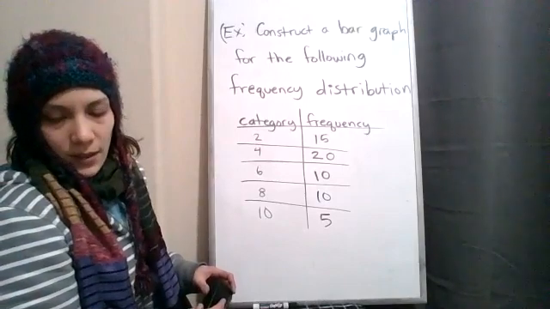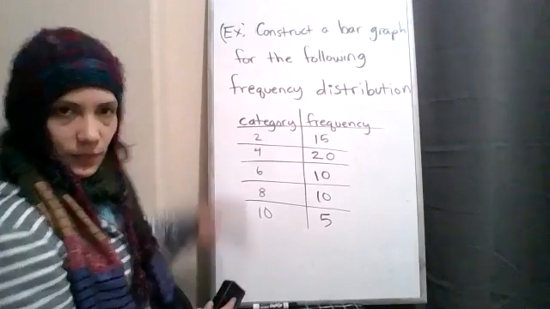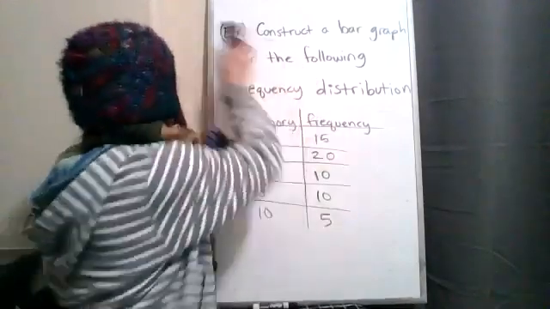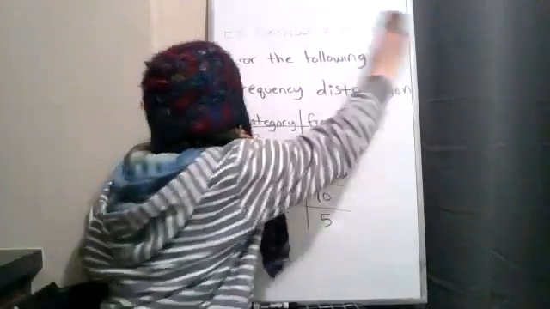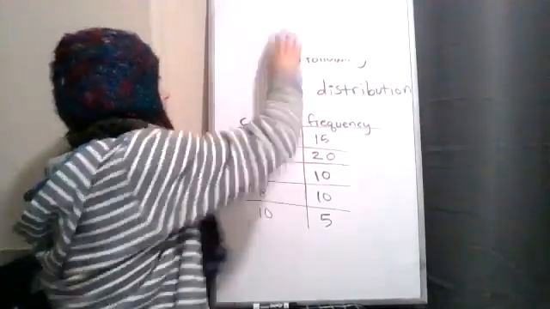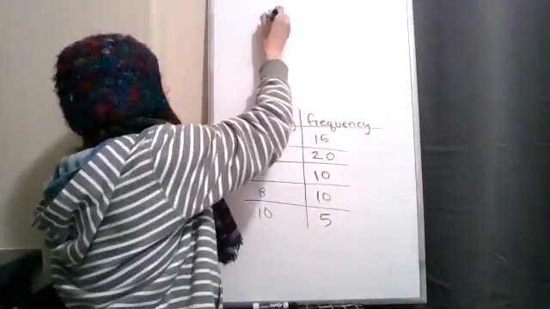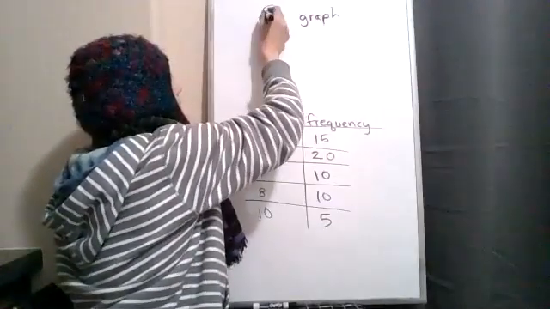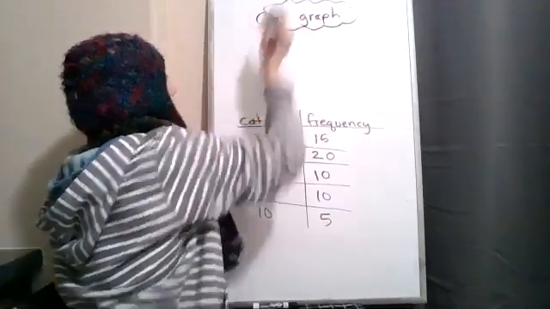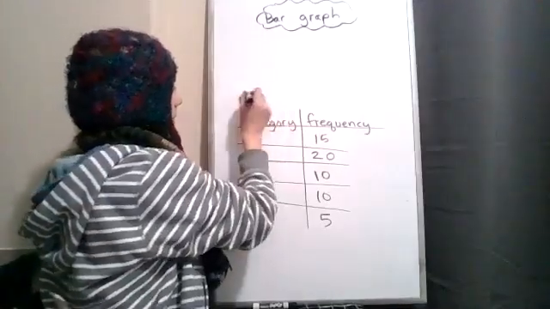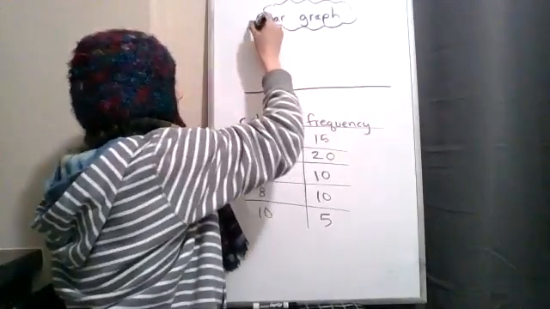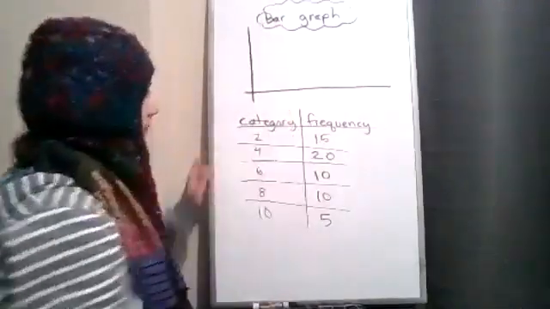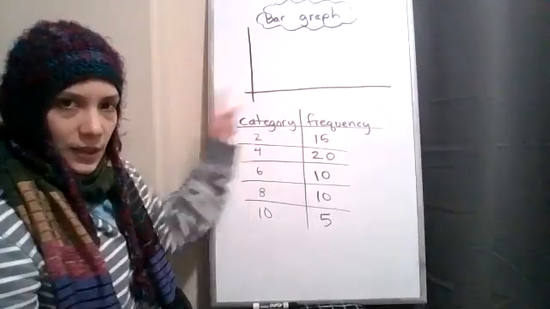Okay. I think we can make it fit right here. So let's put this bar graph. Okay, category. I like to put the categories on this side here.